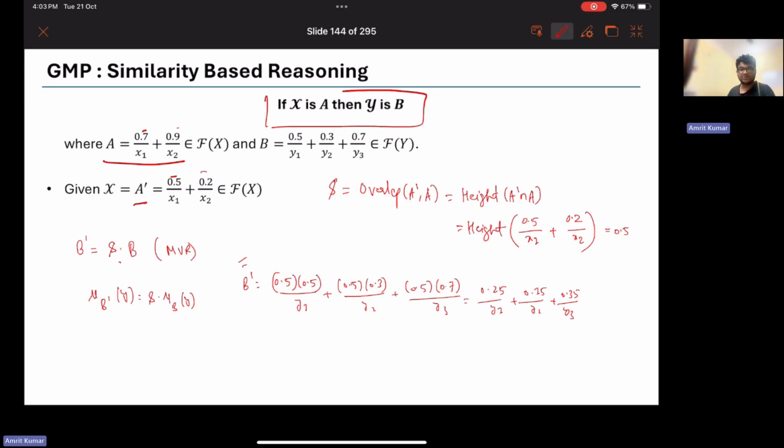So I hope you got a sense of how to solve problems based on SBR.